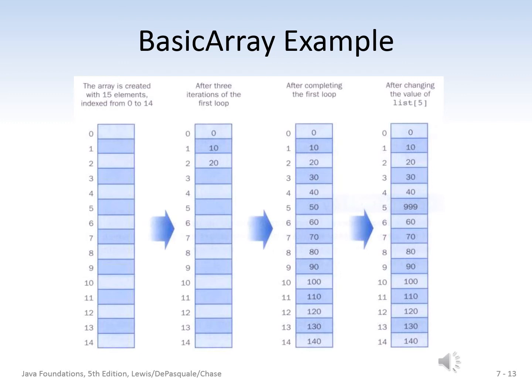After we complete the first loop, the integer array object is fully initialized with 15 integers. Then we change the value of element number 5 to 999.